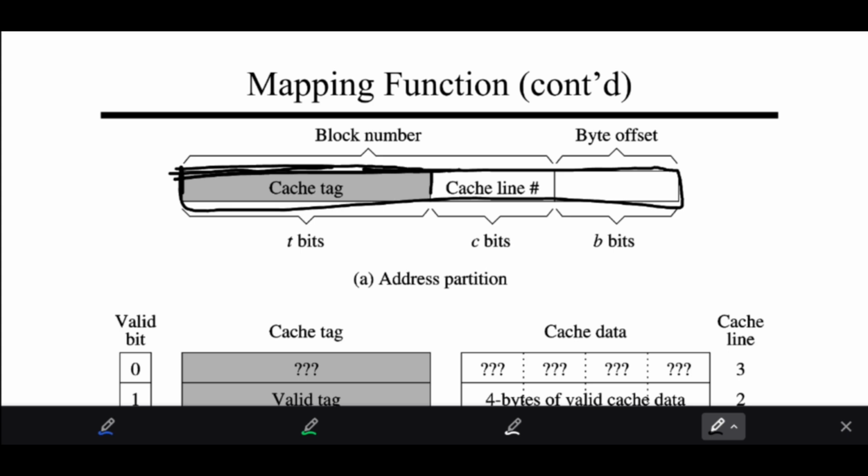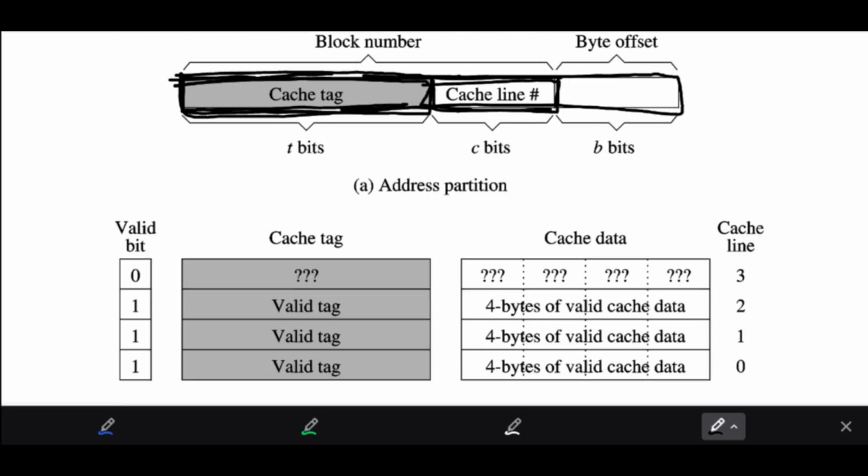Then this is our tag bit. The tag is associated with our cache block or cache data. Then this is the cache line. What is the cache line?